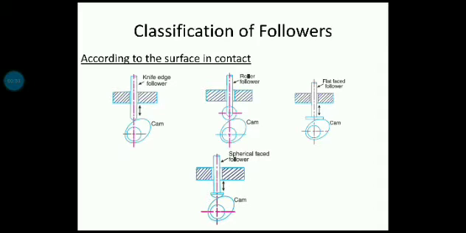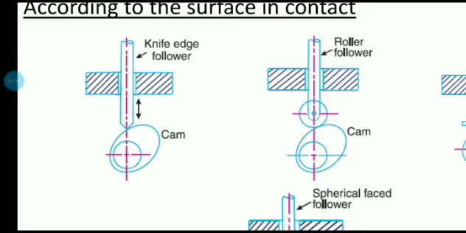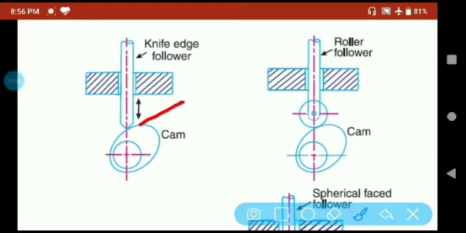One such parameter is the surface of contact. Based on the various surfaces of contact, the followers are classified into these four types. The first one is the knife edge follower, where the contact point between the follower and the cam is a knife edge.